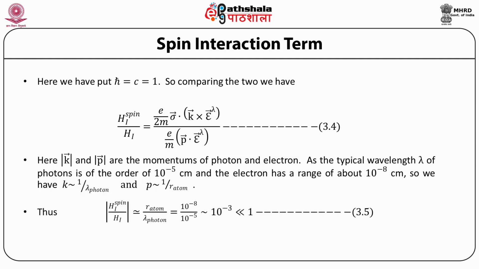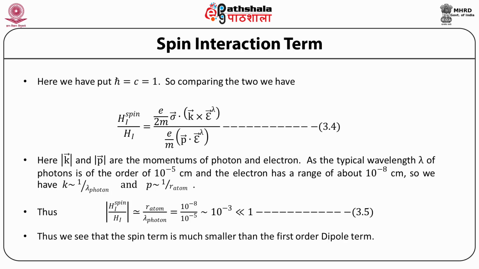Thus H_I spin by H_I is equal to r, the radius of the atom, divided by the wavelength of the photons. That is 10 raised to minus 8 by 10 raised to minus 5 in centimeters. This is equal to 10 raised to minus 3, which is much less than 1. Thus we see that the spin term is much smaller than the first order dipole term.